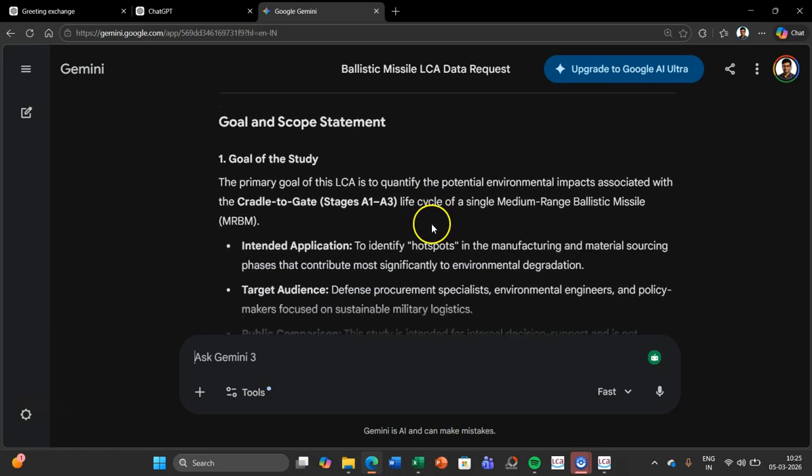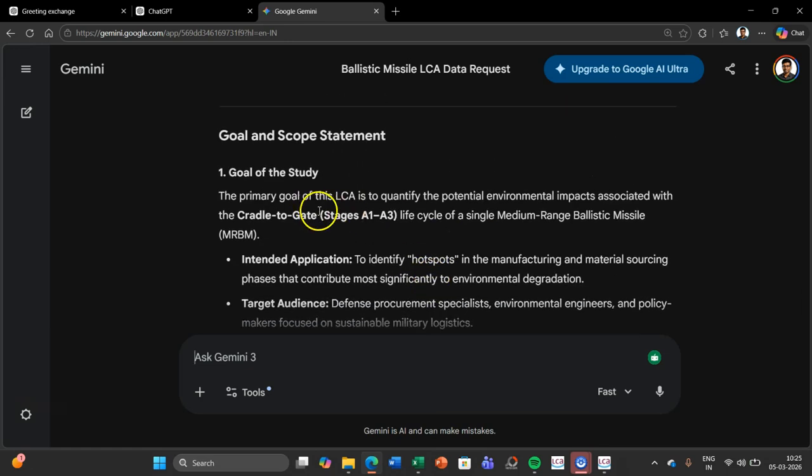Goal of the study. The primary goal of this LCA is to quantify.